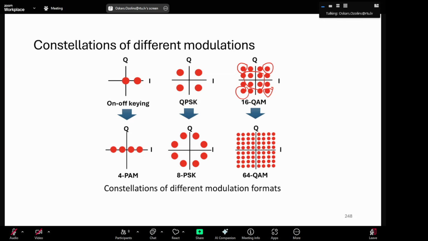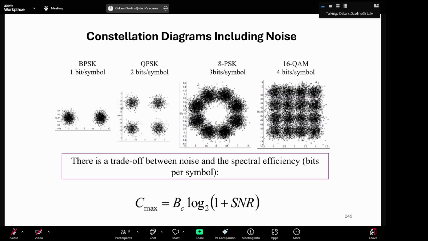We have covered that you can modulate both amplitude and phase, and this also gives an increase in capacity. So here I just have a slide where we can see how many bits per symbol we can get.